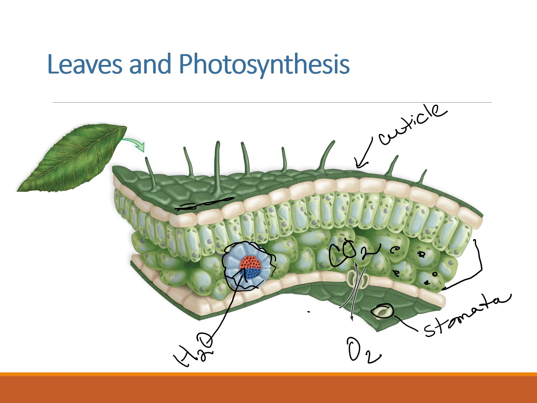We have to have carbon dioxide that is captured from the air, but it's also a byproduct of the cellular respiration process that leaves and plants also have to be performing at the same time they're doing the photosynthetic process.